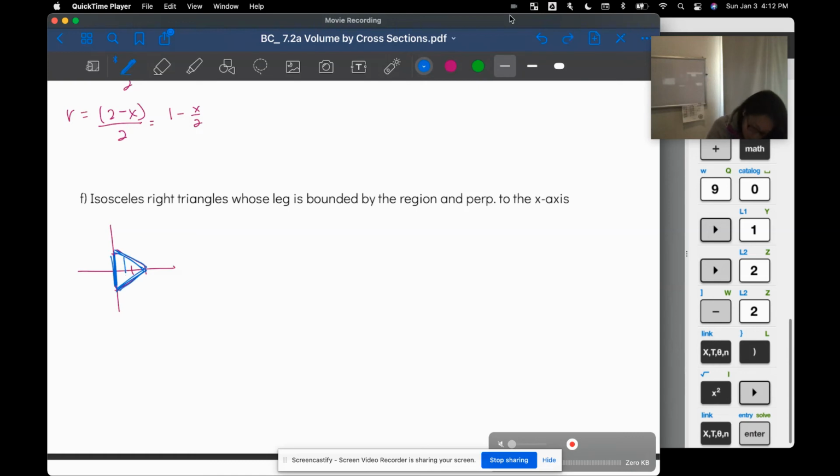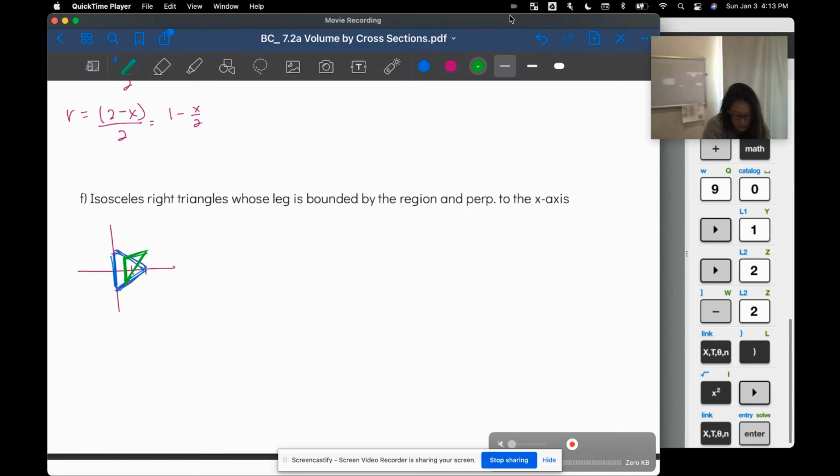Let's change that color. The leg of the triangle is going to be cut vertically because it's perpendicular to the x-axis, and it's a right isosceles triangle. So the leg right here and the leg coming up have to be the same length, and then we end up with our hypotenuse like that.